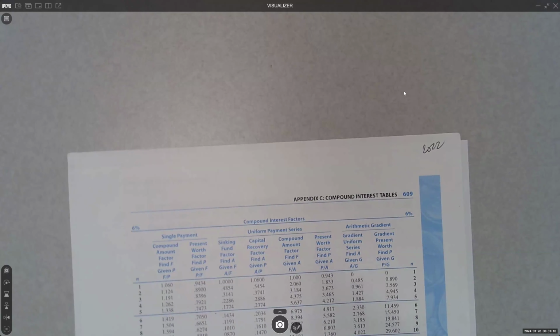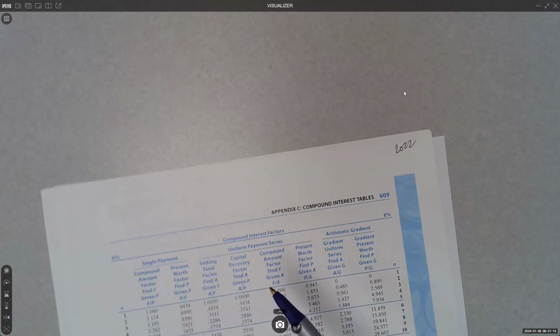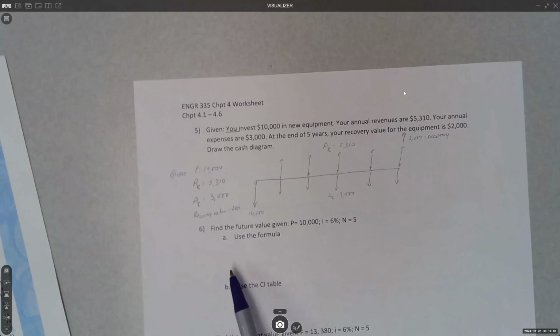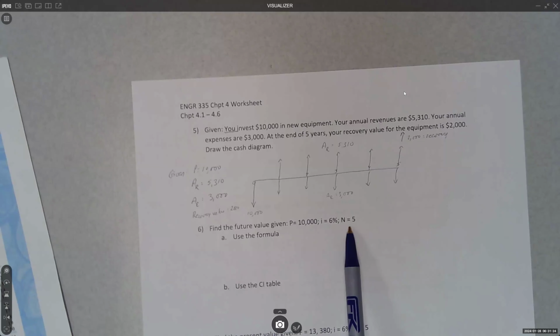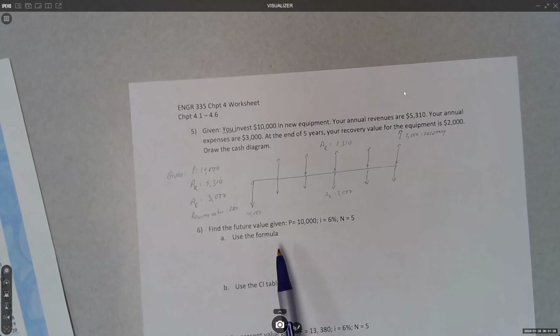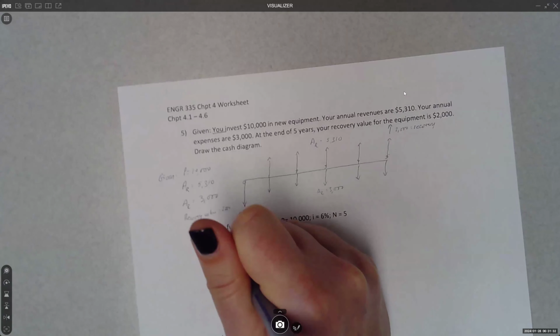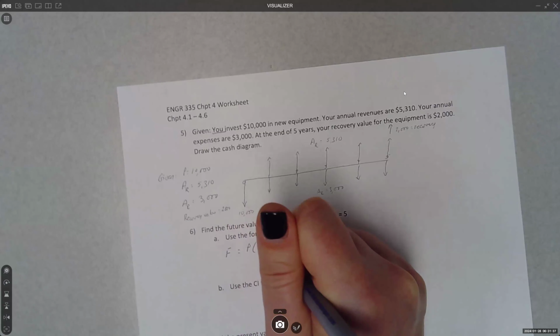So looking at this chart and looking at the problem at hand, we see that our problem is looking to find a future value given P with an interest rate of 6% and an N of 5, starting out by using the formula. So starting out using the formula, we're going to write that F is equal to P times (1 plus I) to the N power.